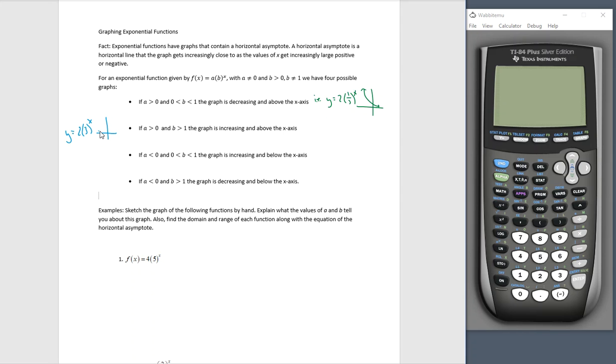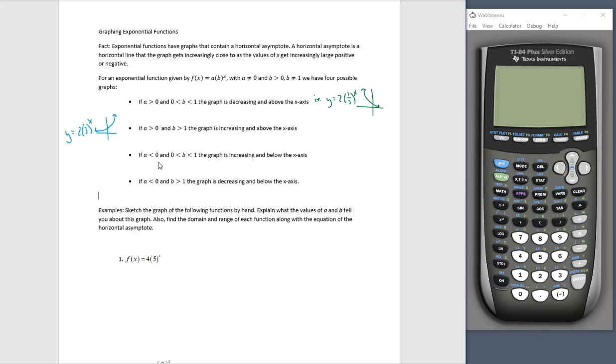This graph will be generally increasing and above the x-axis. We have a horizontal asymptote here at y equals 0. Notice the graph is increasing as we look at it from left to right. I don't like either one of those, so I'm going to draw it again. There we go. A little more asymptotic there.